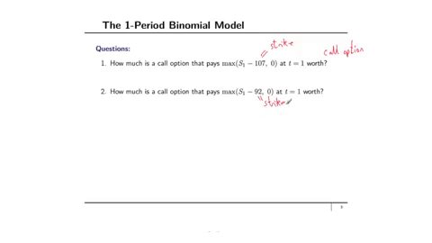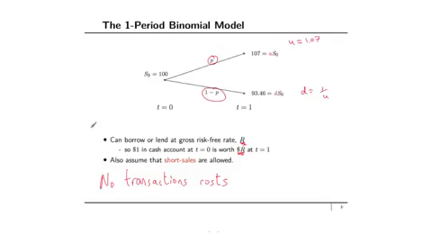Well, in fact, here we'll see that we can answer these questions very easily. In the case of question 1, if we go back to our one-period model, we see the maximum security price at time 1 is 107.